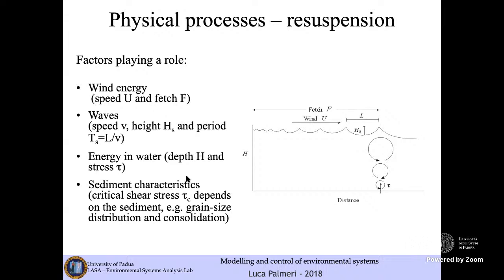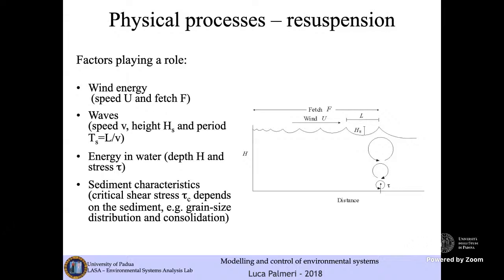How do we model this? We say that there is a critical shear stress tau c that depends on the sediment characteristics, for example, grain size, or the consolidation or quantity of water in the sediment.